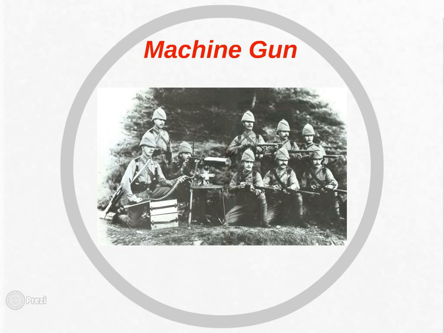So you have a gun that can shoot 500 bullets a minute? You could pretty much mow down anybody that's trying to get at you, which is exactly what happens in World War I. The machine gun is ultimately a defensive weapon. If you have a machine gun in a defensive position, good luck trying to overcome that position, which happens a lot in WW1.